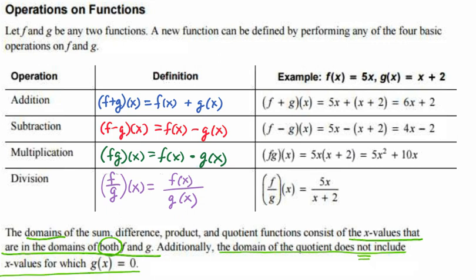So again, the domain of these arithmetic combinations of functions f and g consist of all real numbers that are common to the domains of both f and g. And with the quotient, we have that further restriction that g of x, that bottom function, cannot equal 0.